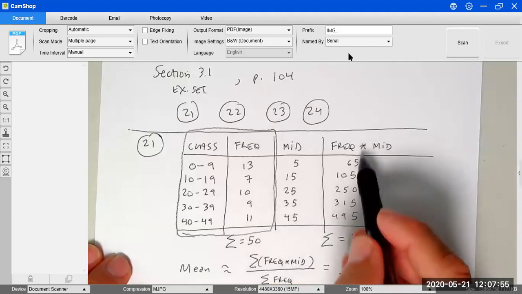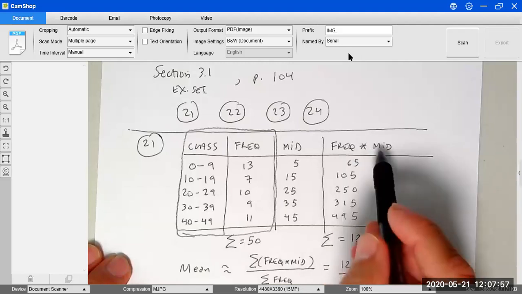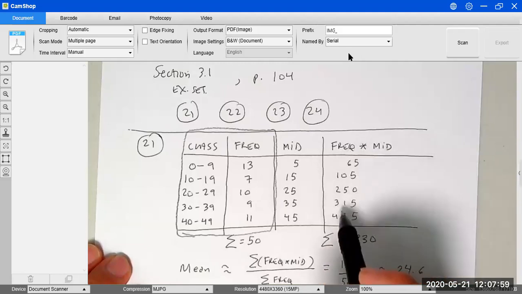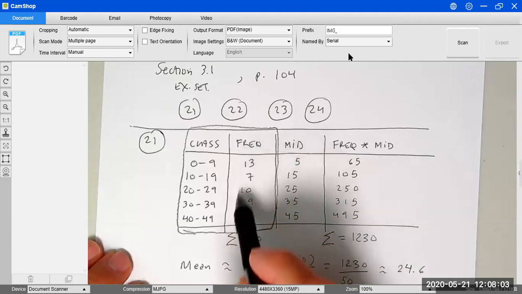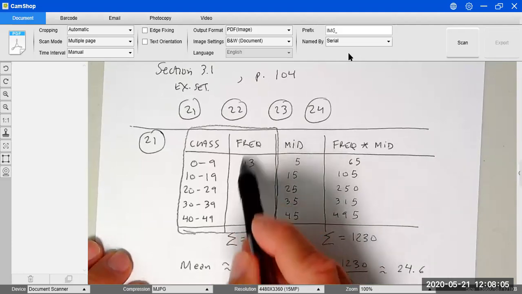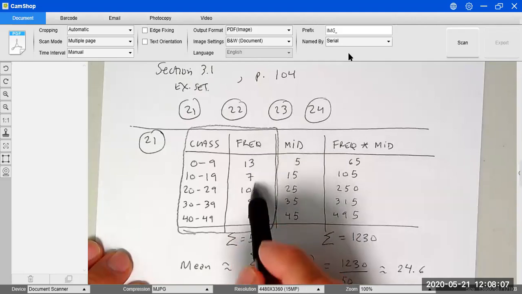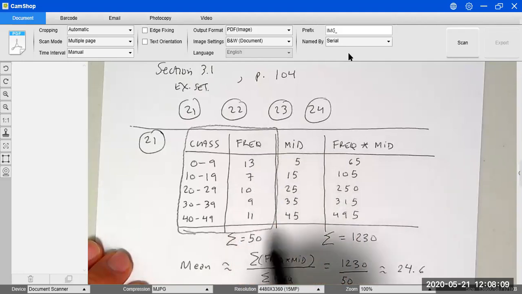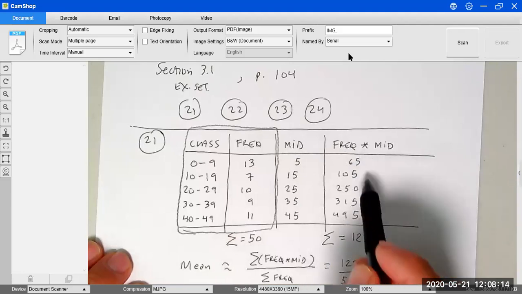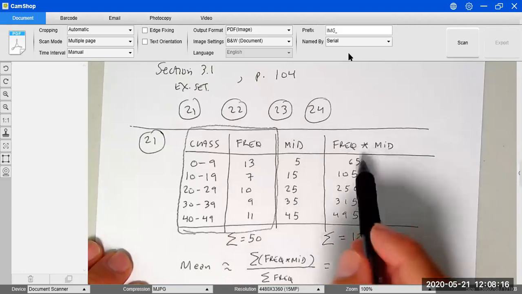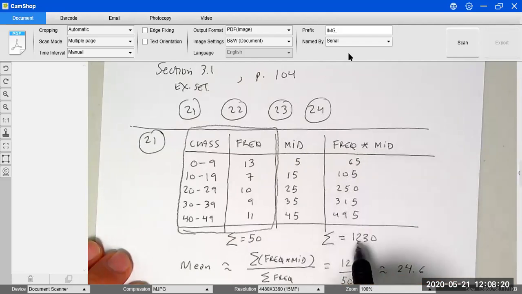So you need to add an extra column for the products of frequencies and midpoints. Then what you need at the end is just the sums. The sum of the frequency column is 50, and the sum of the last column, the products of frequencies and midpoints, is 1230.